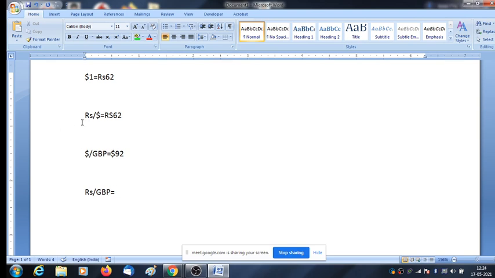First, again, I am repeating: dollar is given in terms of rupees. Agree with me or not? Again, pound is given in terms of dollar. Agree with me or not? Now I need to find pound in terms of rupees, which is not given in the question because these are not quoted in the exchange. So how to get this rate? Any idea?